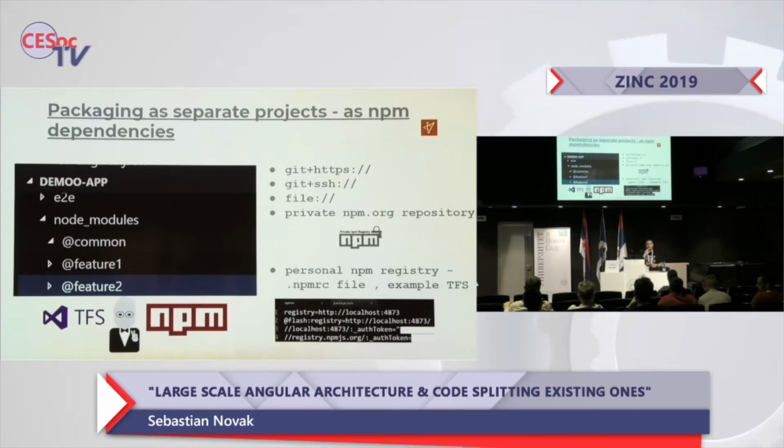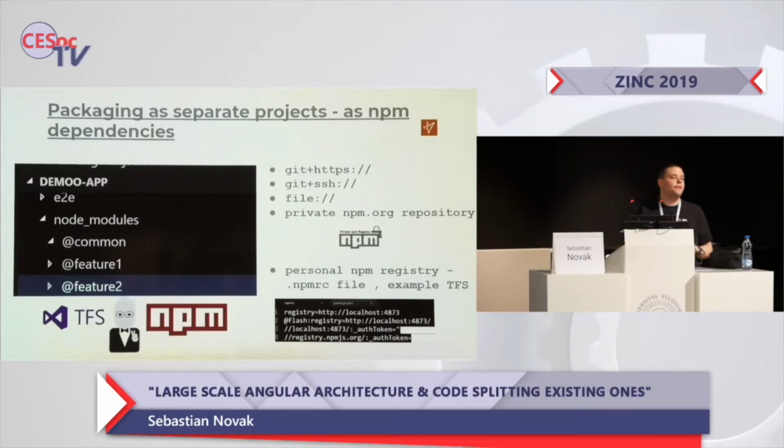The alternative to a monorepo is to just put everything in a different place, physically different place. Every submodule code library would be published somewhere else.